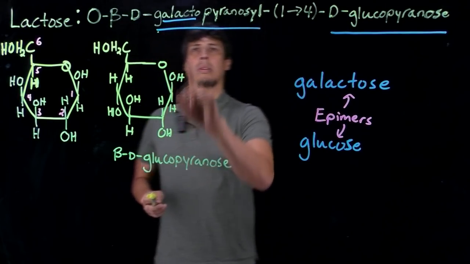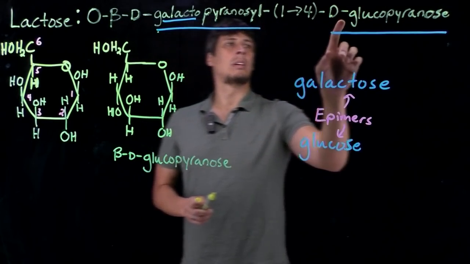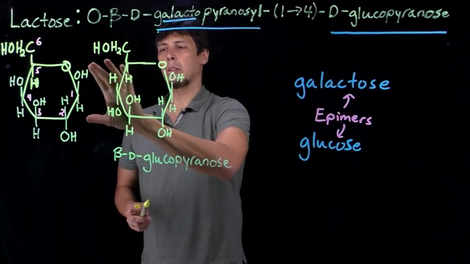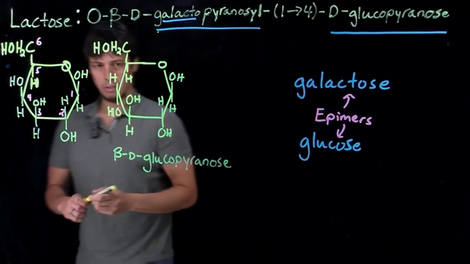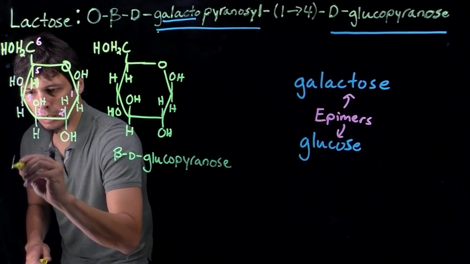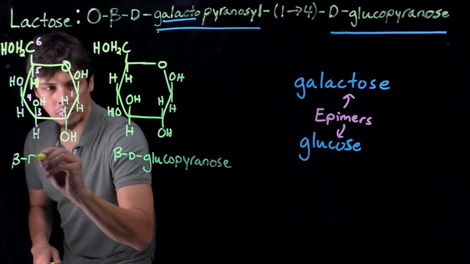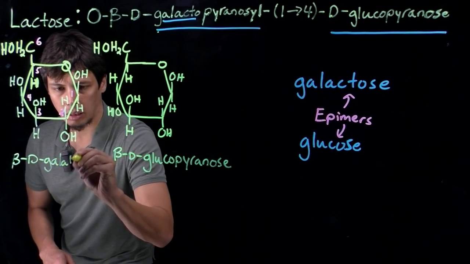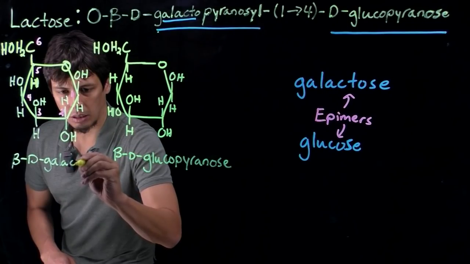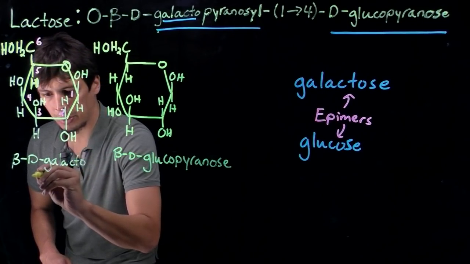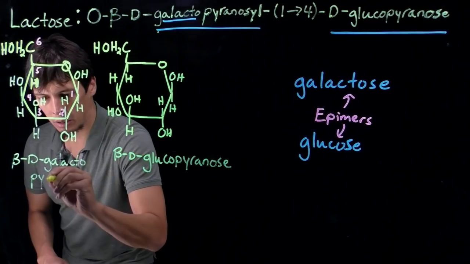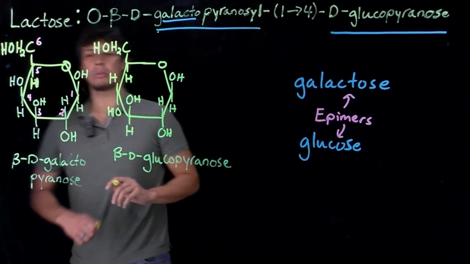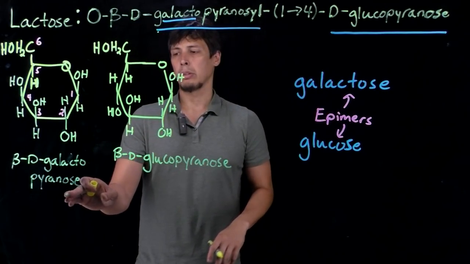Okay, so we have a galactopyranosyl-D-glucopyranose, and we have this beta-D, so we're in the beta anomer of this. Let's go ahead and name that beta-D-galactopyranose, again because we're in the 6-membered ring structure, so it's in the pyranose form.